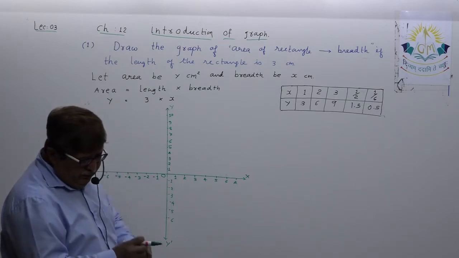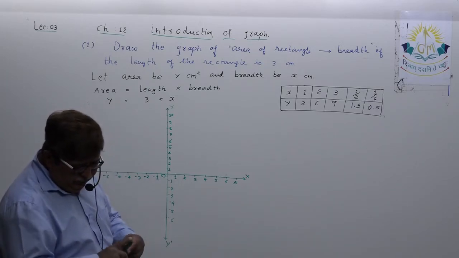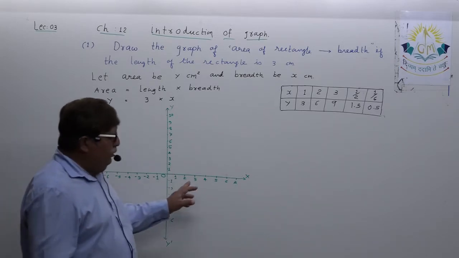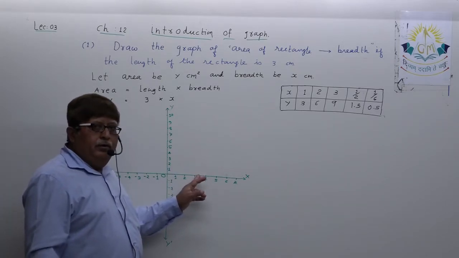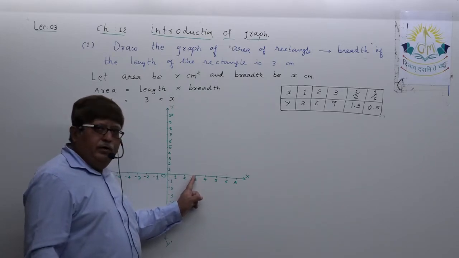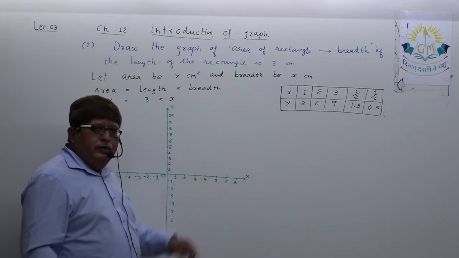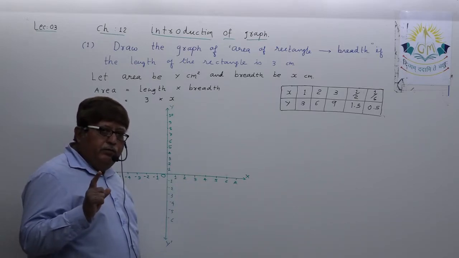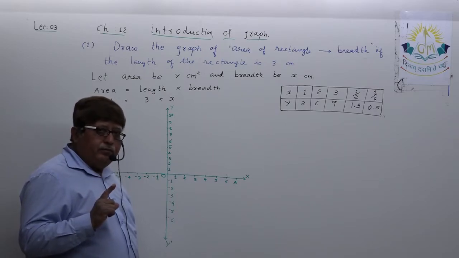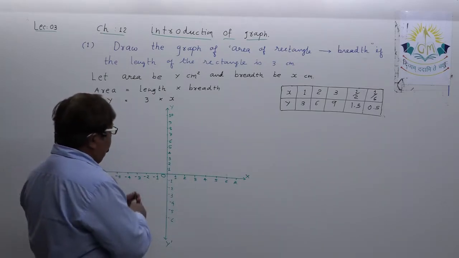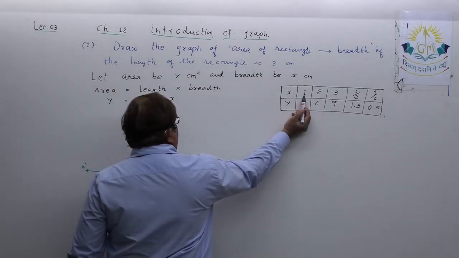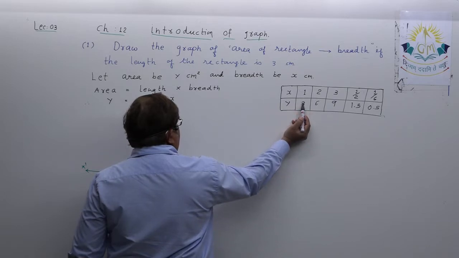Now, dear student, as I told you, rather than making the dotted line, if you can locate the position of the point just by oral guessing, then also it will be a very good practice. First point x1, y3.